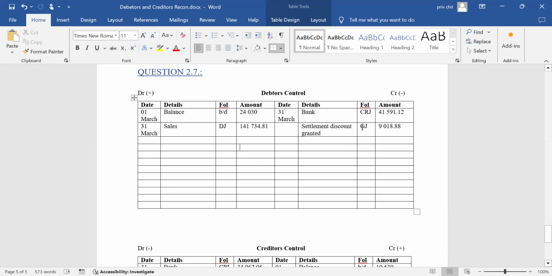How would that reduce? Well, we have to debit it. So if the person was supposed to pay us 24,030 and we discounted 9,000, but now we are saying we have to reverse the discount of 37 rands 99, it means we have to debit it. Are we together? 37 rands 99 over there. That's where you put the amount.